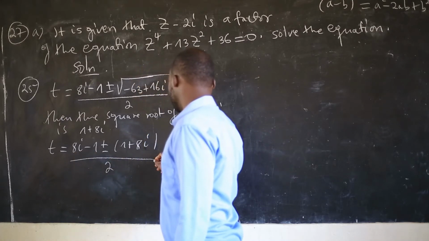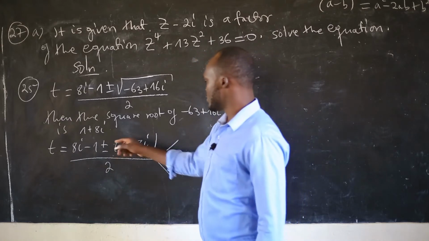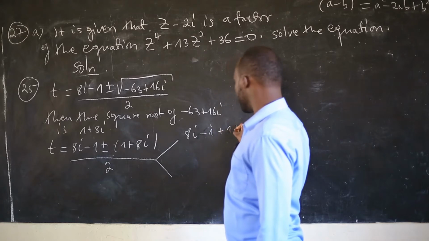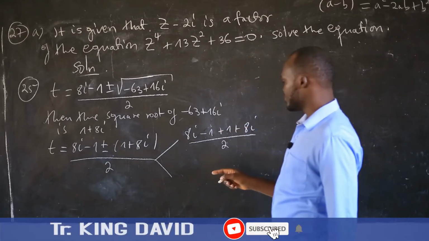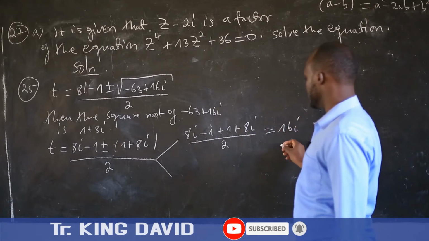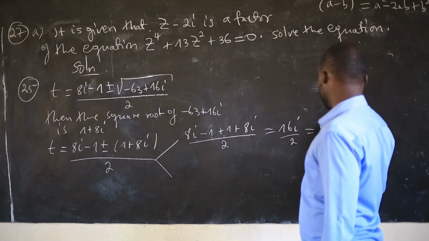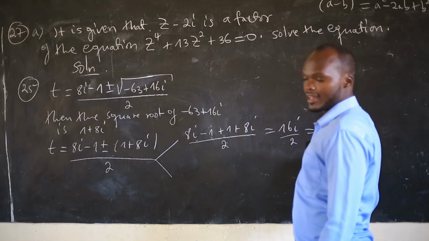So t has two values because it will be plus or minus. When you use plus, it will be 8i minus 1 plus 1 plus 8i divided by 2. So which is 8i plus 8i, this is 16i divided by 2, because this negative 1 plus 1 is 0, this is 8i. Our t1 is 8i.